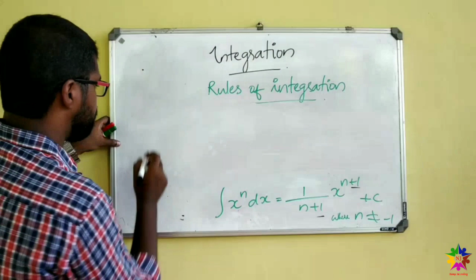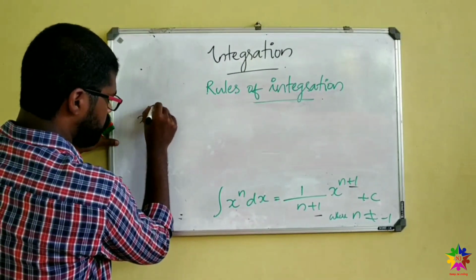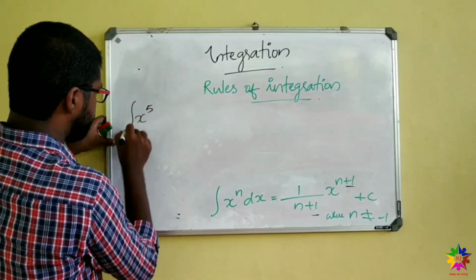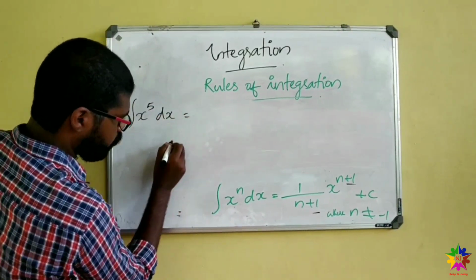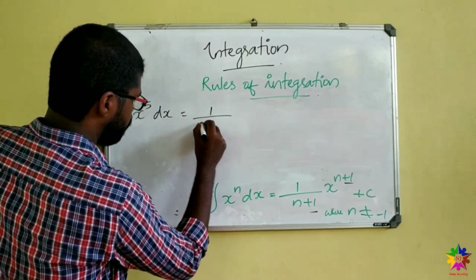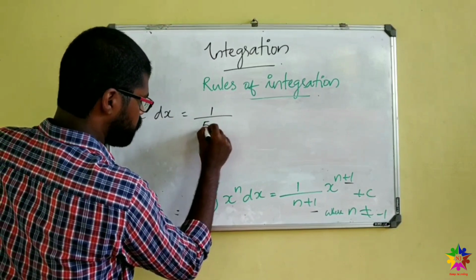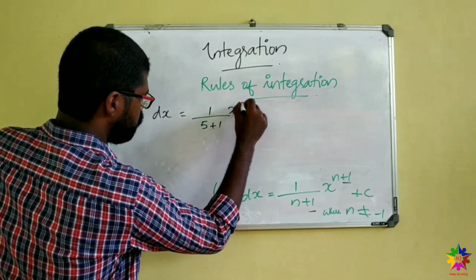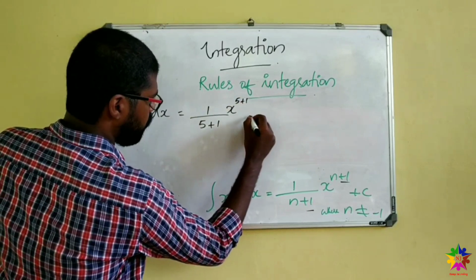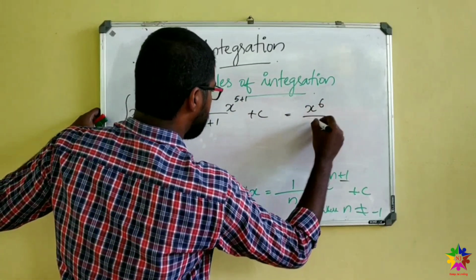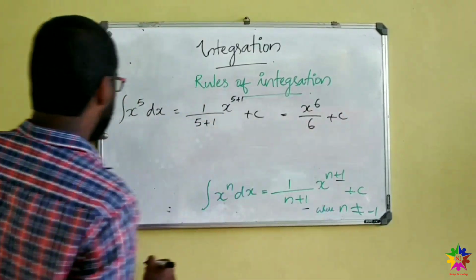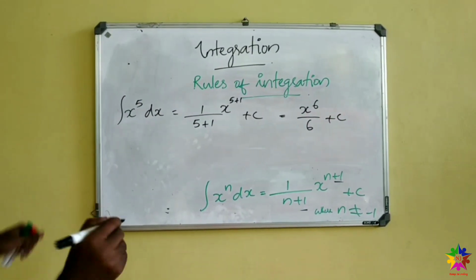Let's see one example. Integral x raised to 5 dx is equal to 1 by 5 plus 1 times x raised to 5 plus 1 plus c, that is x raised to 6 by 6 plus c. Let's see one more example.